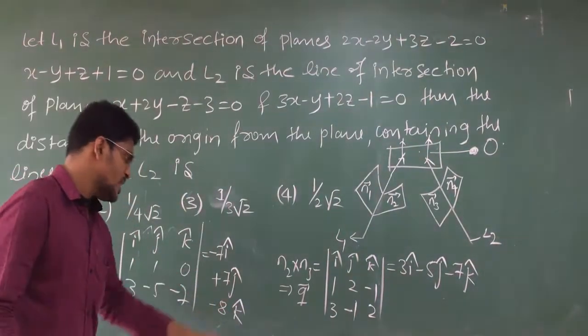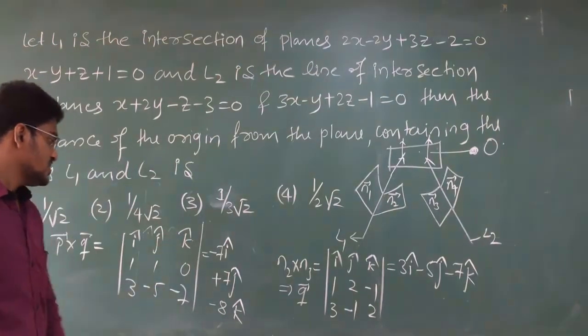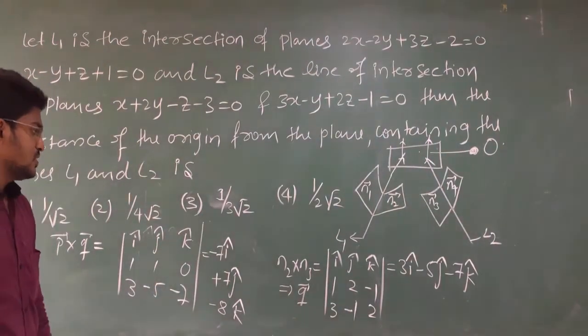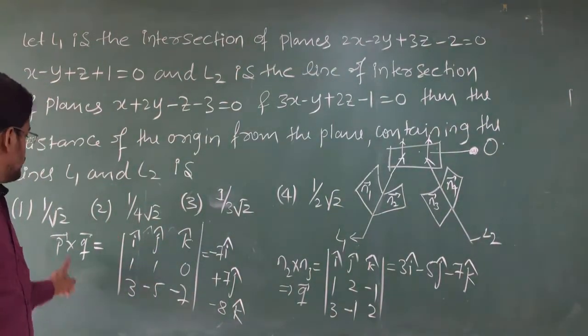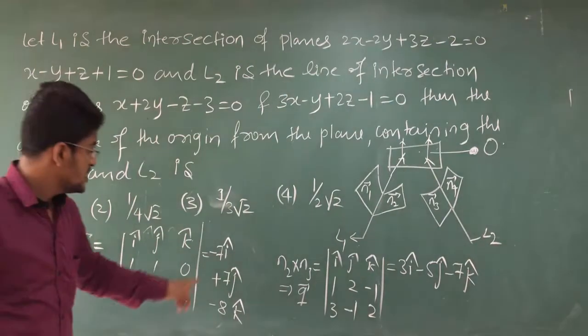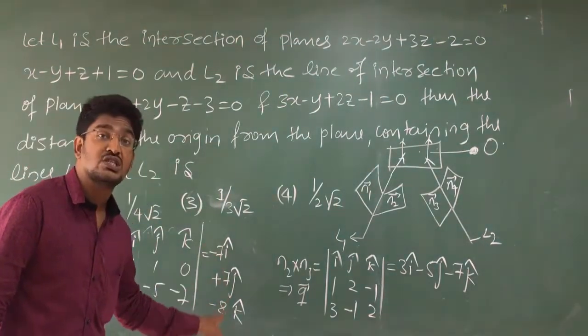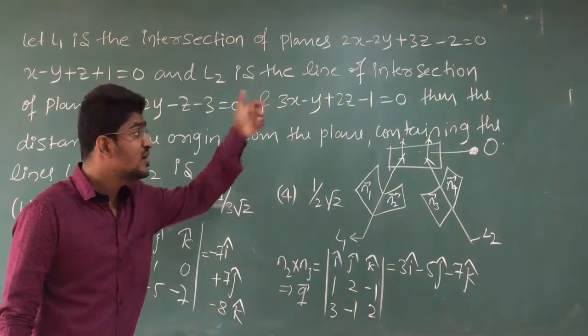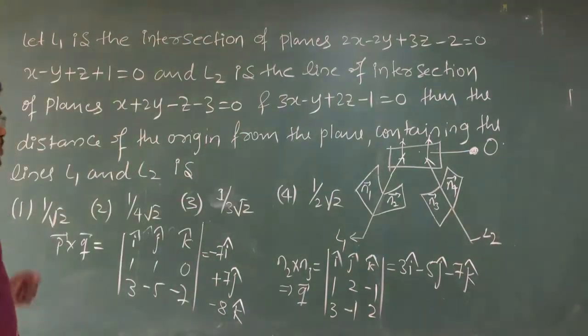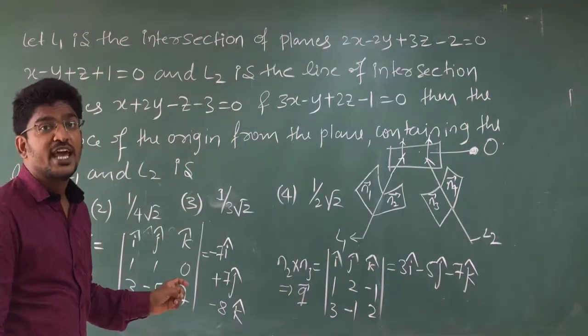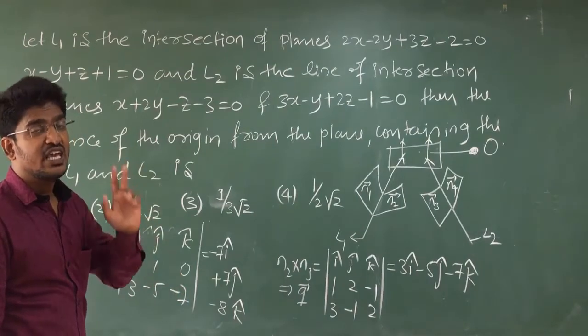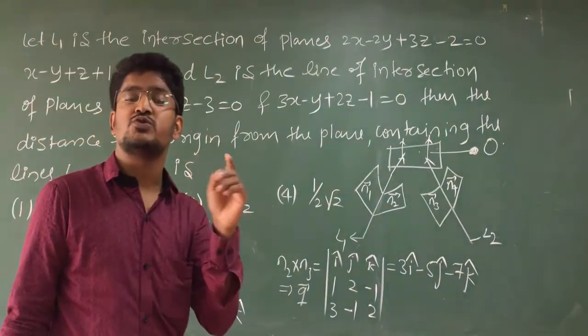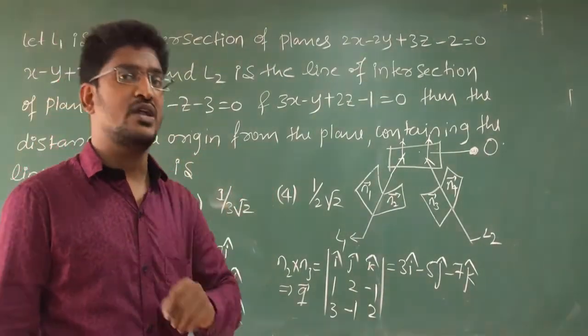So −7 i cap plus 7 j cap minus 8 k cap. Clear? So this is your vector P cross vector Q. These are nothing but the direction ratios of your plane. So now, using these direction ratios, I can calculate the equation of the plane a(x − x1) + b(y − y1) + c(z − z1).